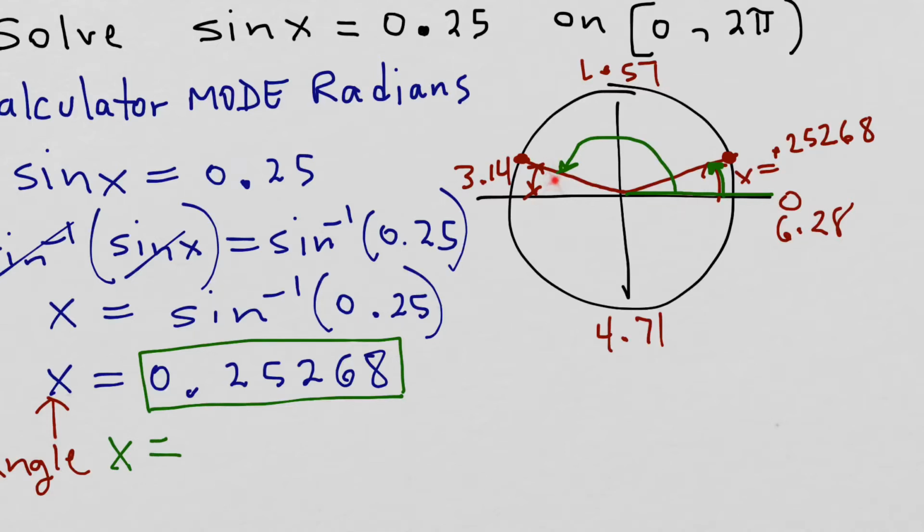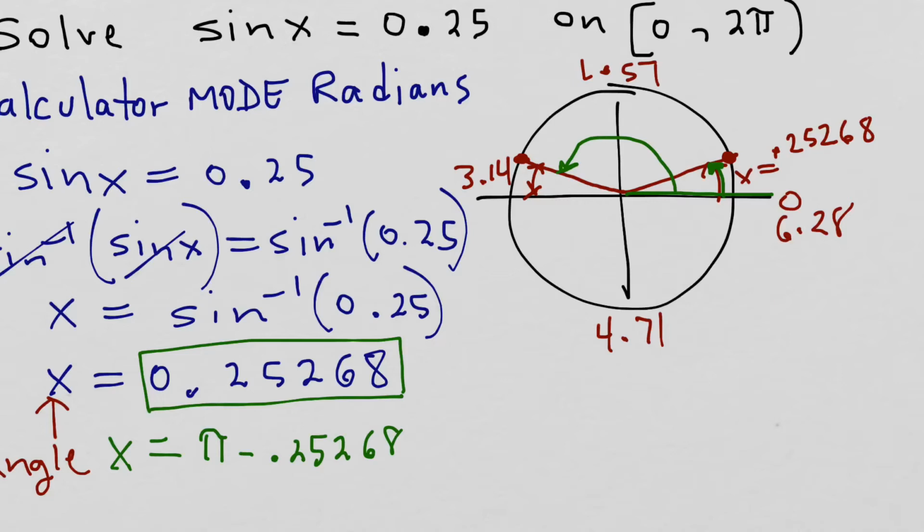All right, and the other angle is going to be, now let's look at this carefully. If I take off this little bit off of this piece of the circle, which is pi radians, I'll have pi minus this bit right here, 0.25268. So I can type that into my calculator, pi minus 0.25268.